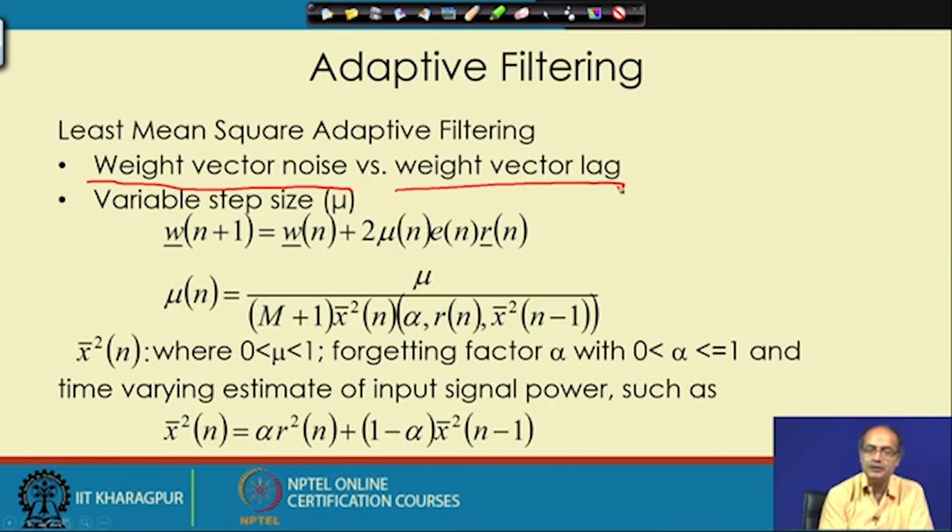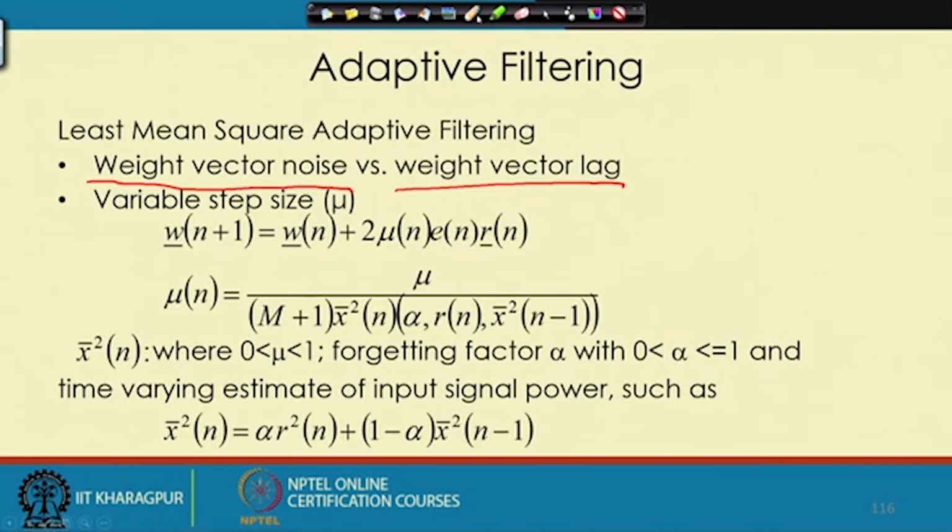Whenever there is a change in the process, the LMS algorithm will change, but because of its lack of speed, it will lag behind, and until it can catch up, there would be high error. So, that is something unwanted.